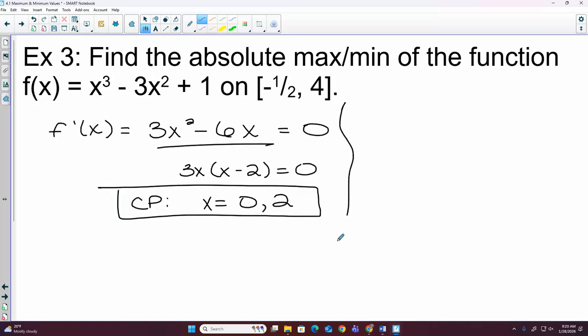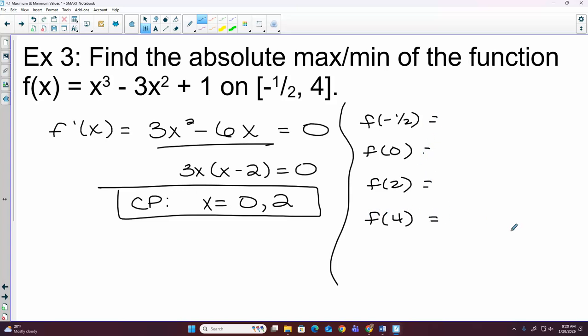So I am going to plug my endpoints and my critical points into this function and see what y value we have. All of these, I need the points on the actual graph, so I'm going back to the original function and putting them in. So grab a calculator if you need to. Let's plug these things in.